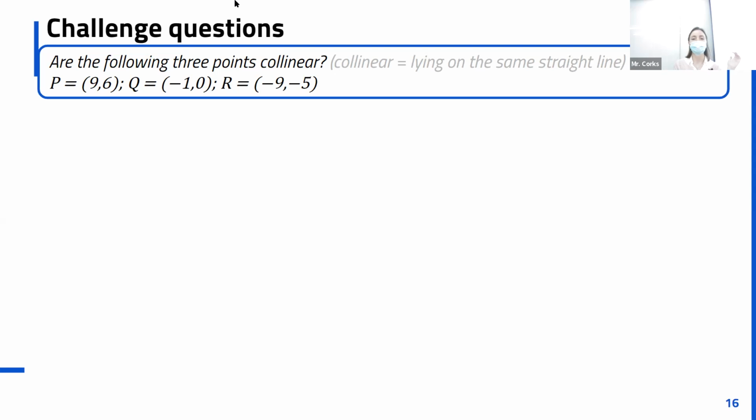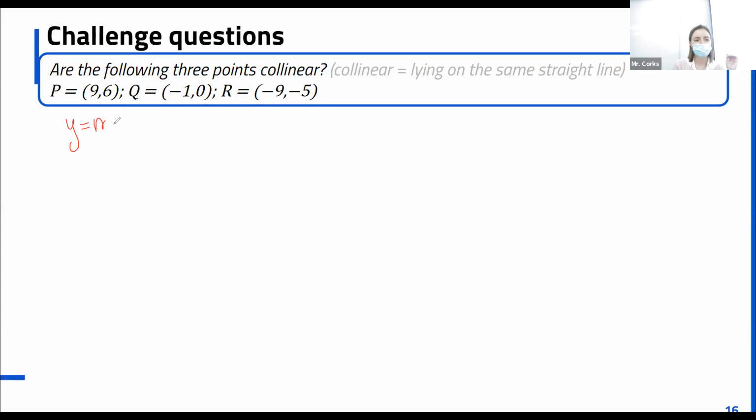Okay, for the 2 points, we used the slope-intercept formula. Then we just input the values of the first point and get the formula. Then we input values of the second and complete the formula.